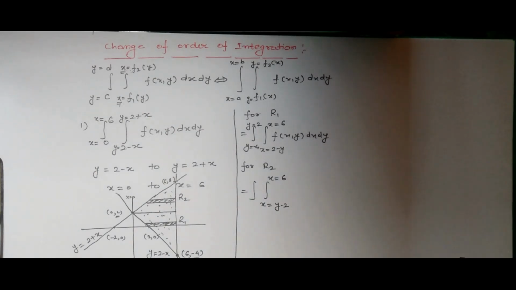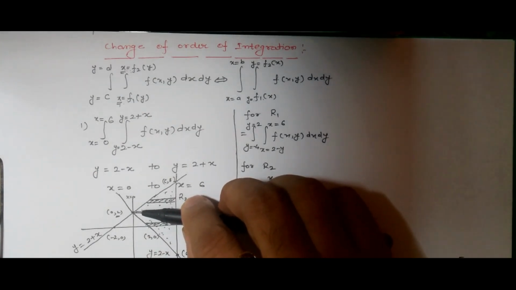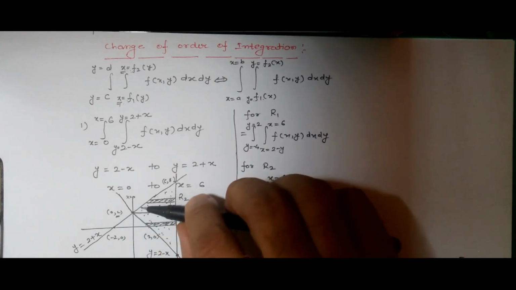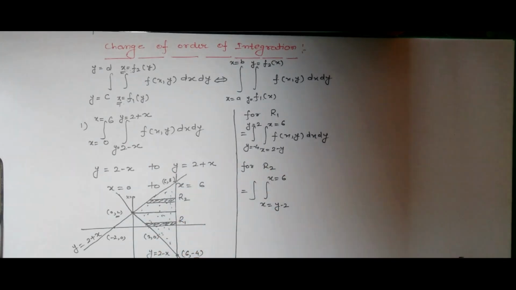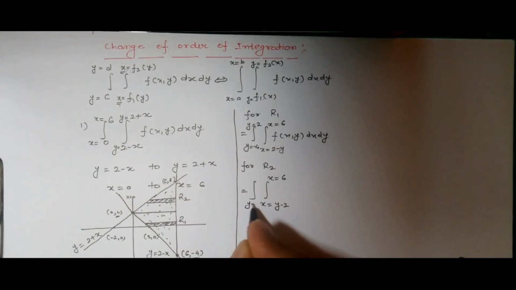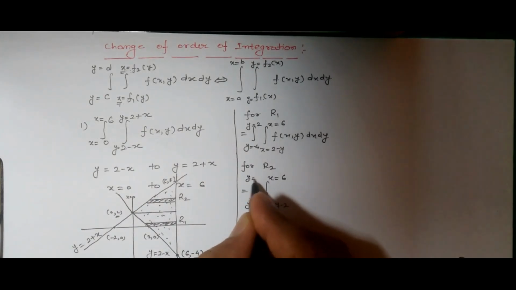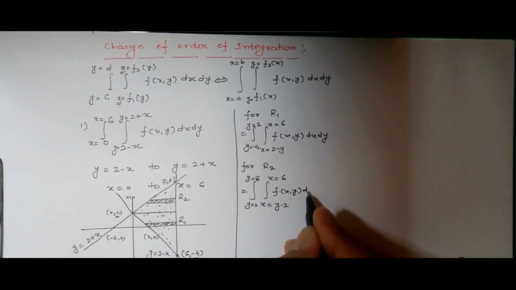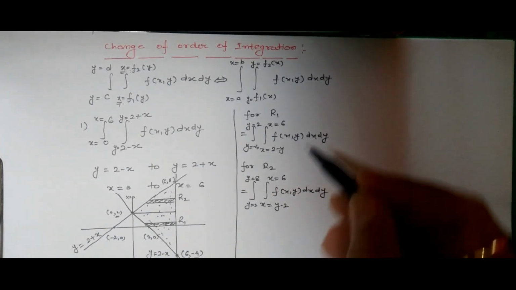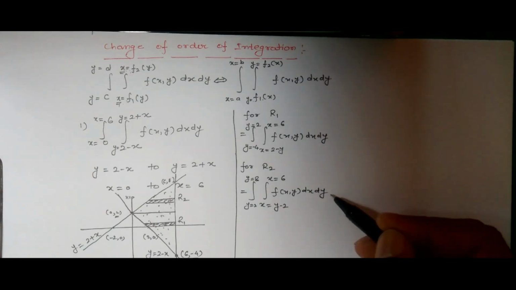And we move from y is 2 to y is equal to this point, y is 8, f of xy dx dy. This is the integral for R1. This is the integral for R2 if I take the horizontal strip.